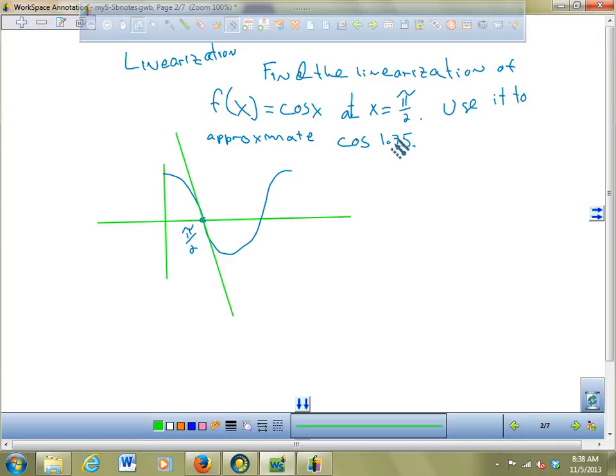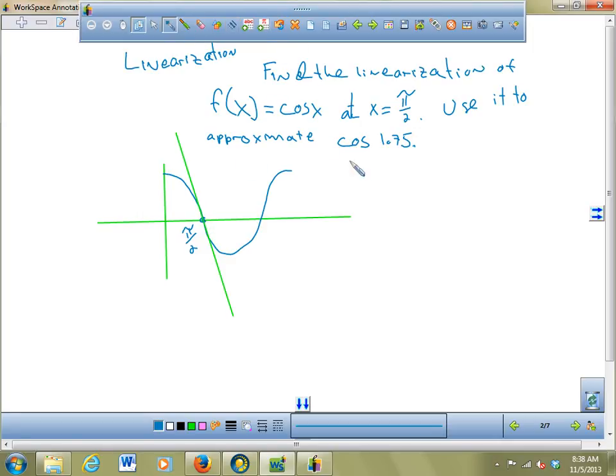And to do that, I'm going to use not the tangent line at 1.75, but the tangent line at pi over 2. Today you could just plug that in your calculator and get it done. But maybe back in the olden days they didn't have calculators, and so they would actually have to, as part of the calculus, approximate the curve with the tangent line.